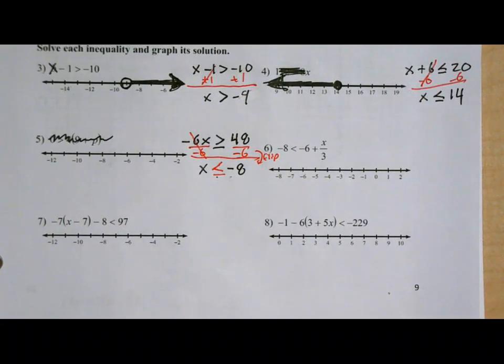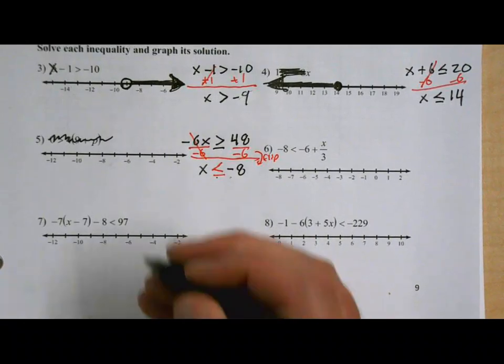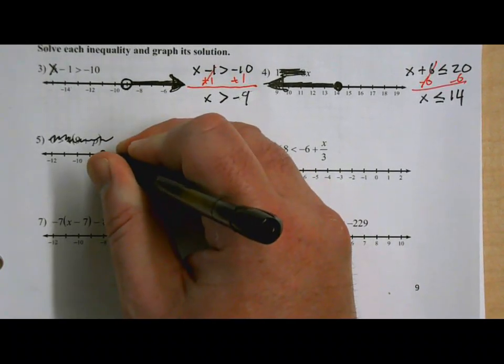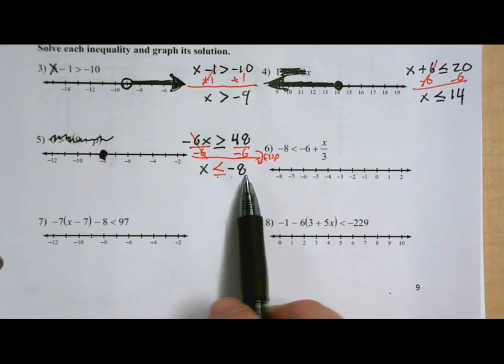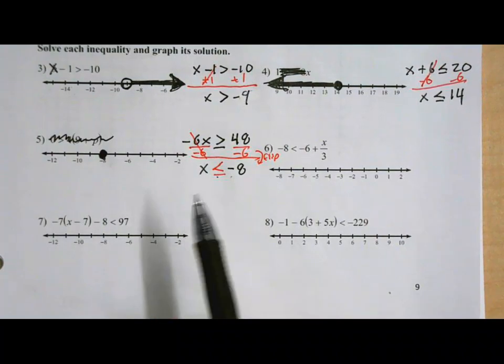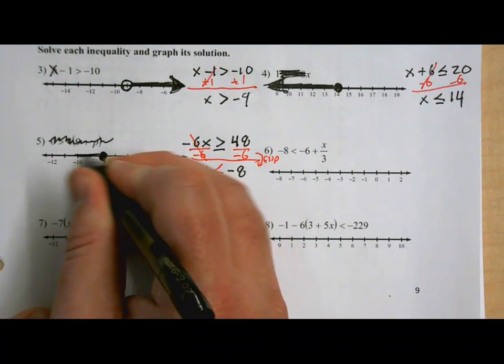And we'll go ahead and put a closed dot at negative 8. X is the smaller thing here. The alligator is not eating the x, so x is smaller. So we want to go in the smaller direction, so that's this way.